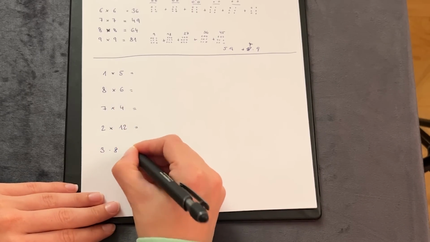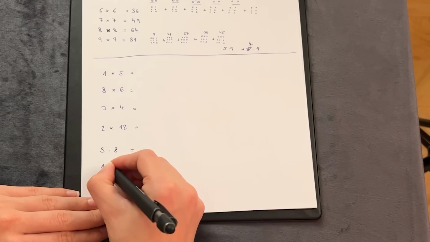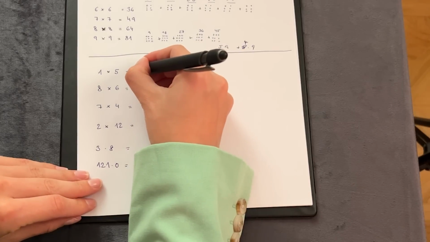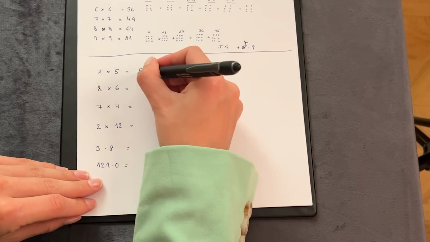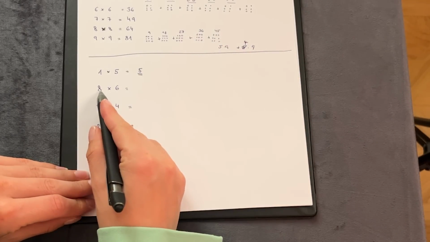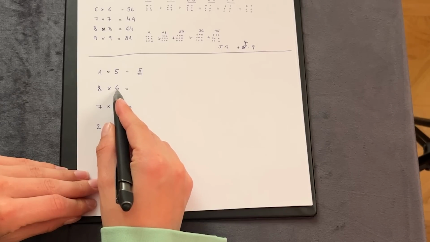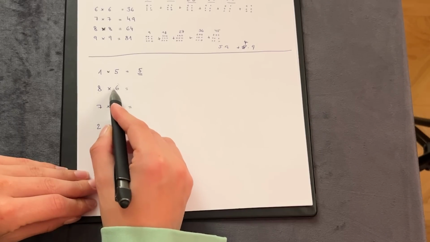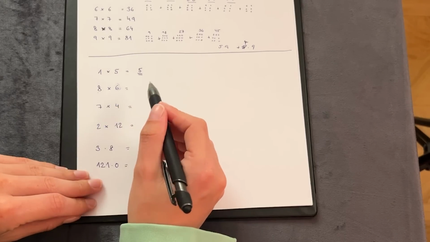So 1 times 5, also 121 times 0. So 1 times 5 is 5. 8 times 6. It doesn't matter if you do it like 6 times 8, if you count 6 eight times in a row, or if you do it the other way and you add the number 8 six times.